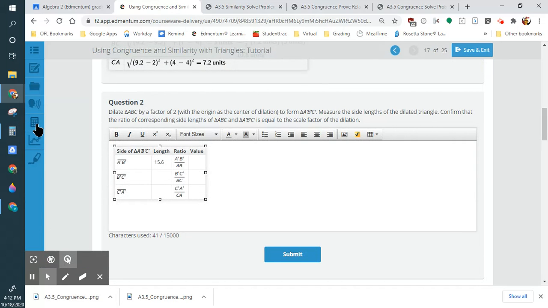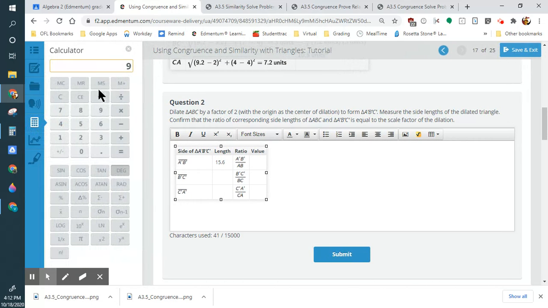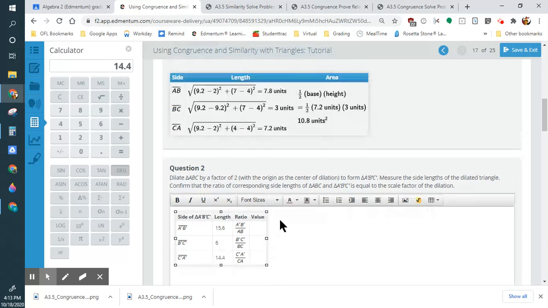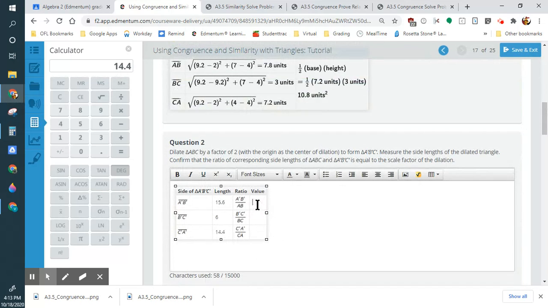And if you guys want to see that visualized to make sure I'm not making it up. 15.6. BC doubled to 6. And then if you take 7.2 times 2, you get 14.4. We're going to take the new divided by the old. So if everything doubled, then this should be 2, this should be 2, and this should be 2.